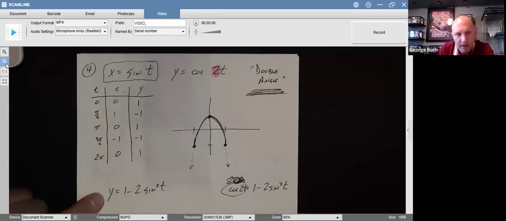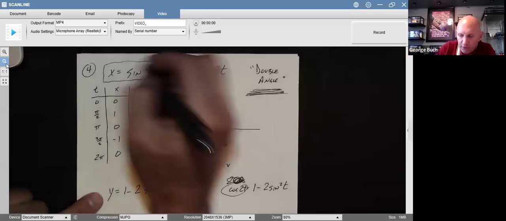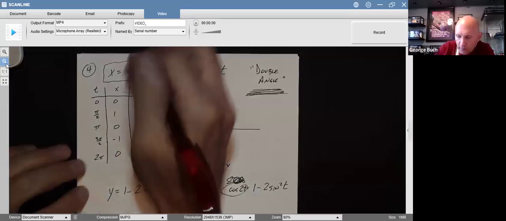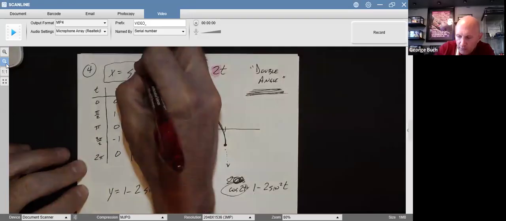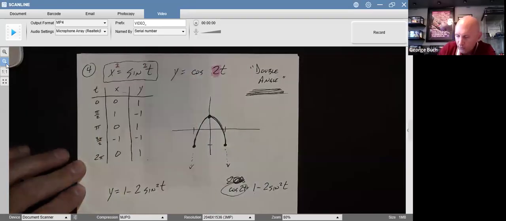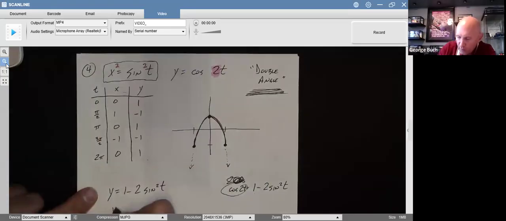Now, do I have sine squared? Not yet, but if I square both sides of this parametric equation, we do it in red so we know that it's not what we started with. If I square the right and I square the left, I get sine squared is equal to x squared. So therefore I have y equals 1 minus 2 x squared.